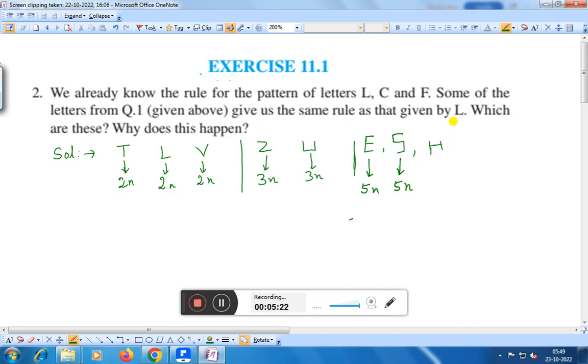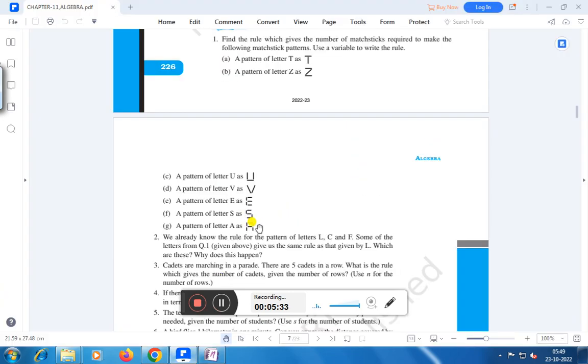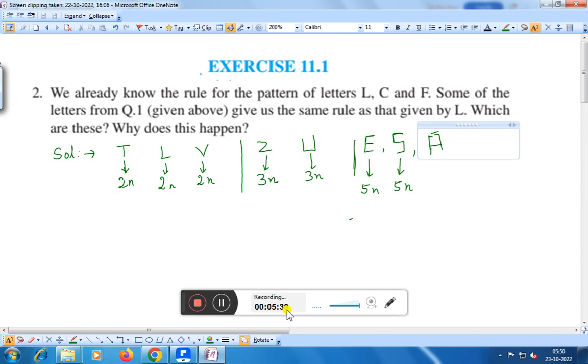And the formula for A is 6 matchsticks. Here you see that A is like this: 1, 2, 3, 4, 5, 6. For A it has 6 matchsticks, so it can be 6n.